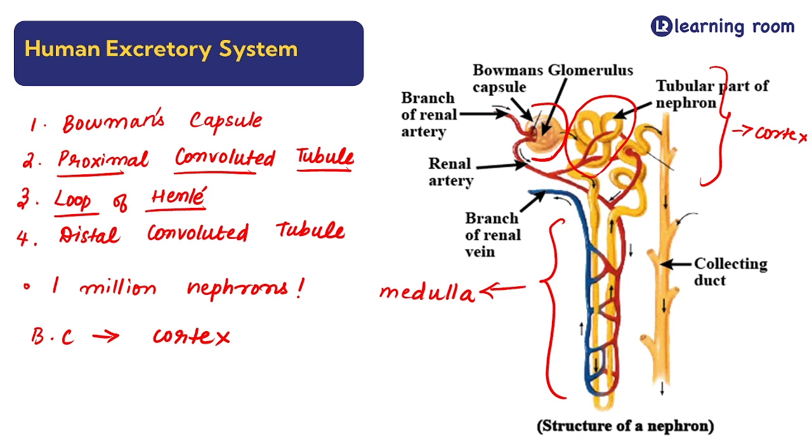Now, when this tubule re enters the cortex, it becomes convoluted again, as you can see here. We call this as the distal convoluted tubule. And finally, the nephrons, not just one but several nephrons together, open into a tube called as the collecting duct, which you can see here.